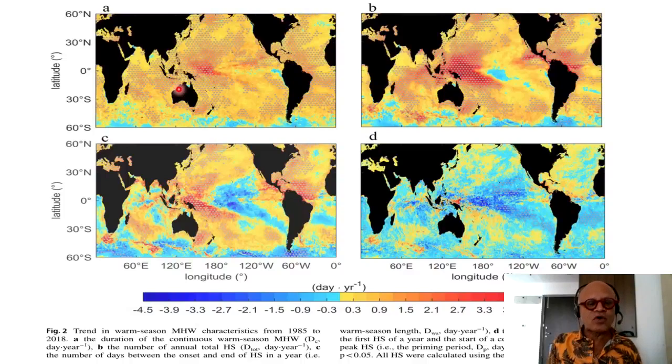This is the trend in warm season marine heat wave characteristics from 1985 to 2018. Sorry, I said 2019 before, that's wrong.